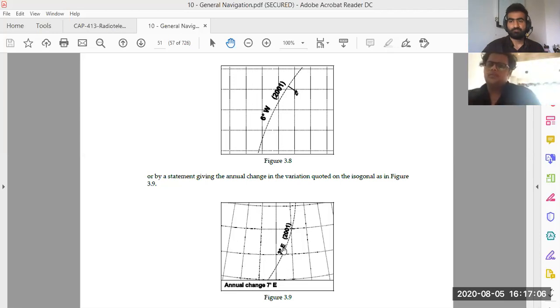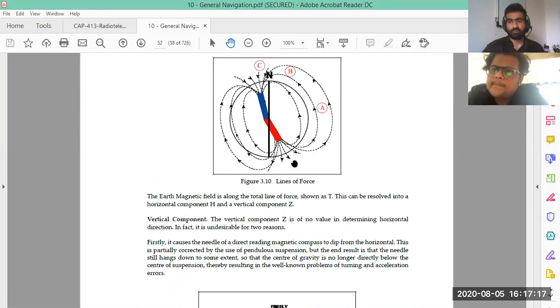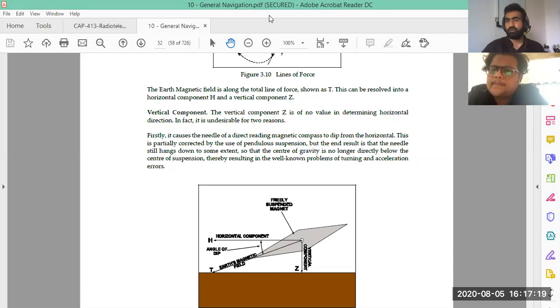3 degrees east, 6 degrees west. So they are only focusing on directions. So let's not see, everything is interrelated.